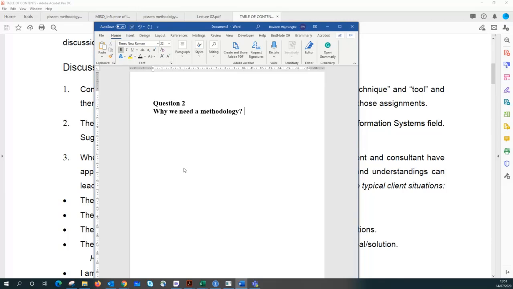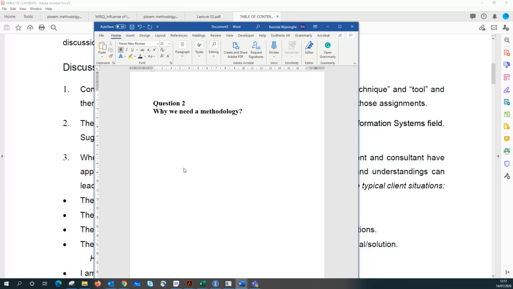Because there are lots of constraints, right? We have constraints in resources. It can be physical constraints, or even human constraints, like we don't have the necessary expertise in the organization to do every activity in the system development work.